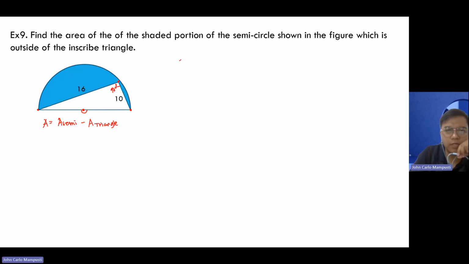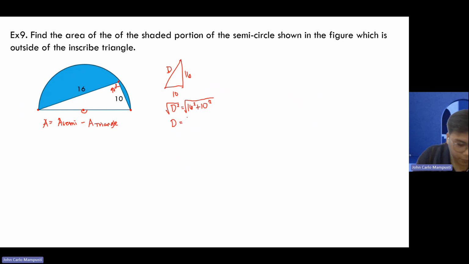So kung ayusin natin yung right triangle natin, so this is the diameter of the circle, this is 10, and this is 16. So to find the radius, hanapin muna natin yung diameter. So diameter squared is equal to 16 squared plus 10 squared. Then to find d, kunin natin yung square root.